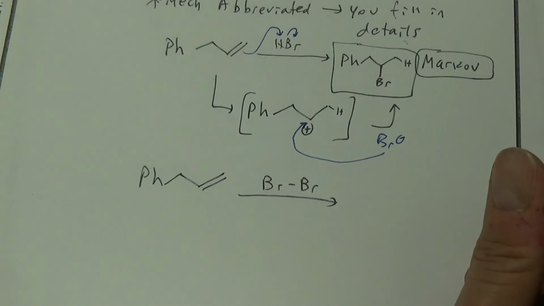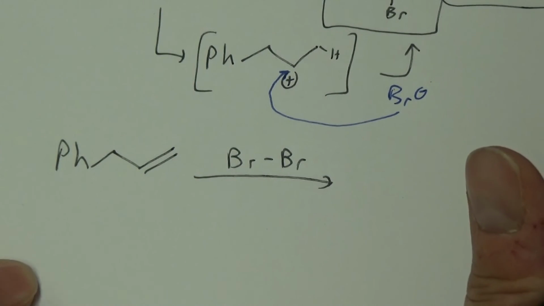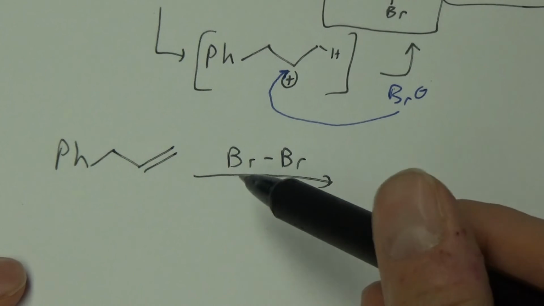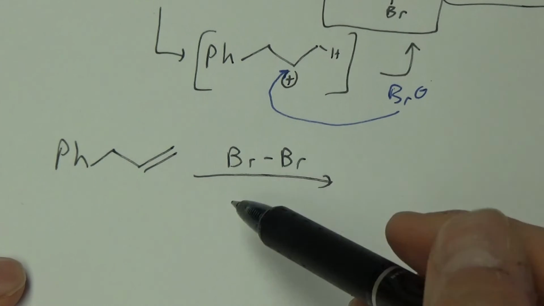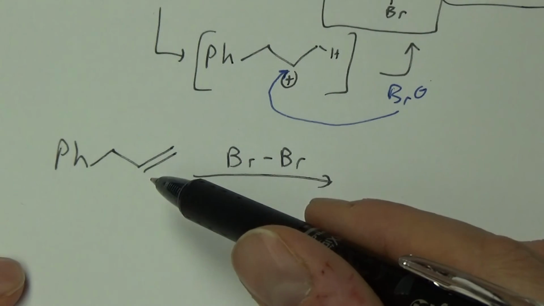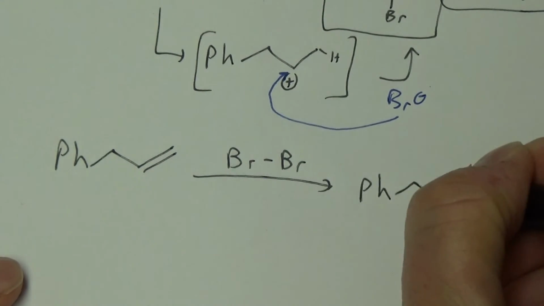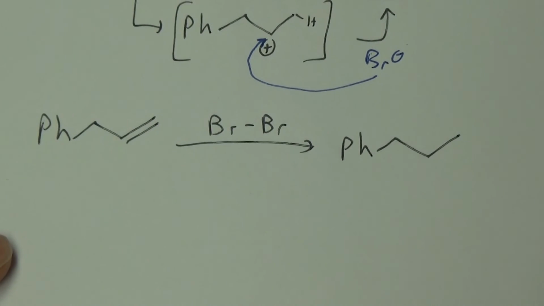Okay, what about this reaction? What does this reaction do? Well, you probably make a guess, and you shouldn't have to guess because you should know this, but one atom gets a Br and the other atom gets a Br, so the product is Br-Br.